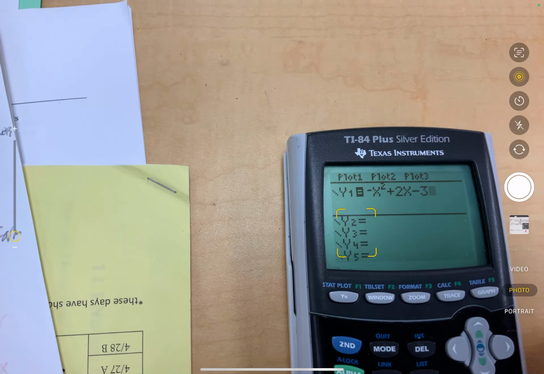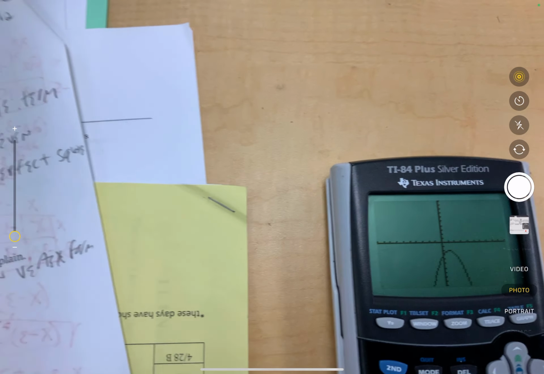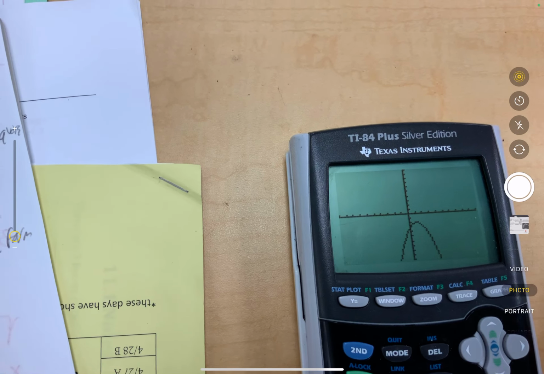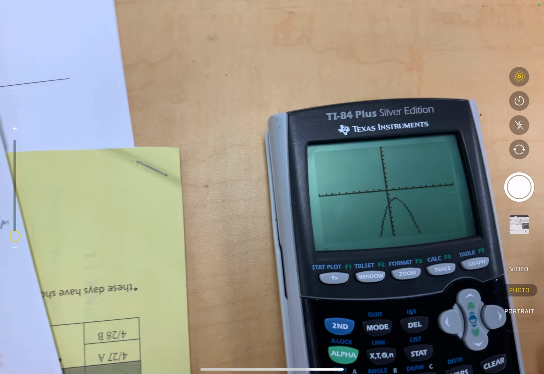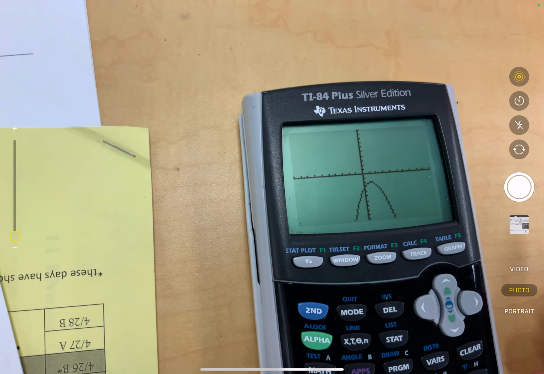Like so excited? What the heck? It doesn't touch the x-axis. Does that mean it's broken? It's broken, Ethan says?